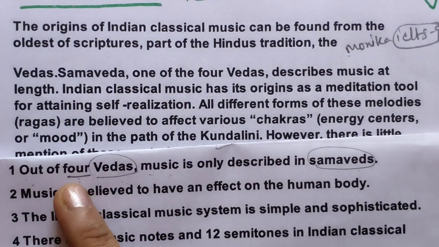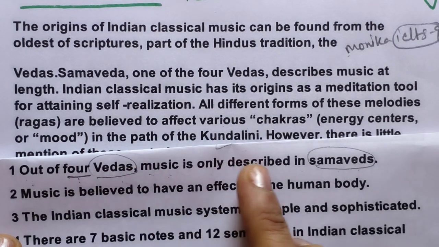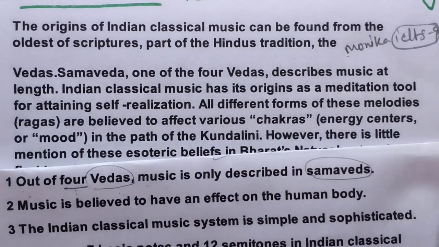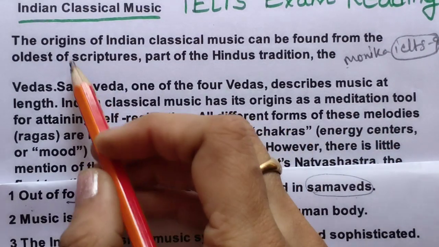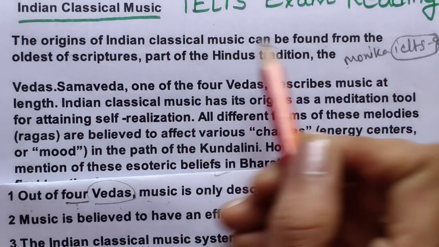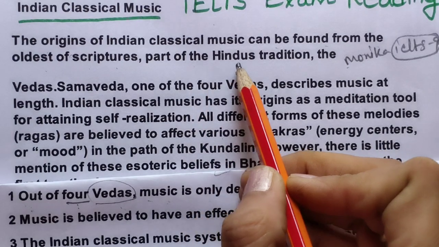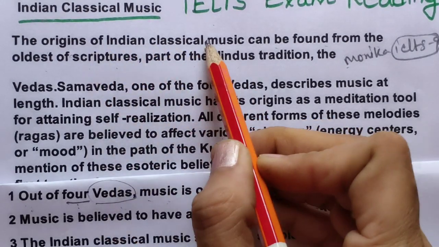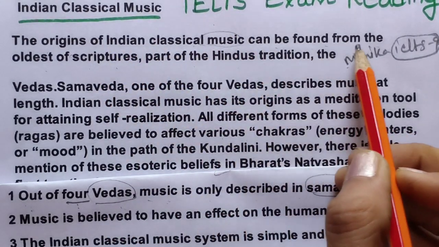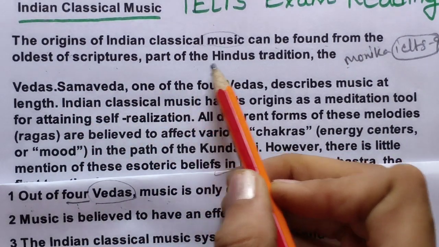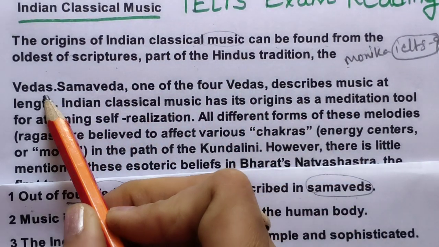So the question was, out of 4 Vedas, music is only described in the Samveda. Now the passage says the origins of Indian classical music can be found in the oldest scriptures, part of Hindu tradition, the Vedas.